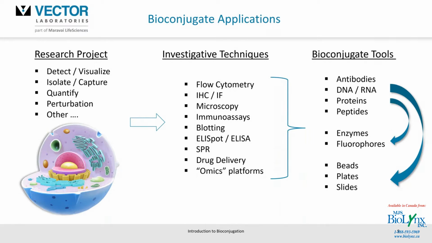And what I mean by that is whether it's proteomics or a genomics platform. And indeed, all of these investigative techniques do incorporate the use of bioconjugates. And it might be that your favorite vendor, whoever that is, doesn't have all of the repertoire of conjugates that would help you probe or generate the results you want in a given research project.